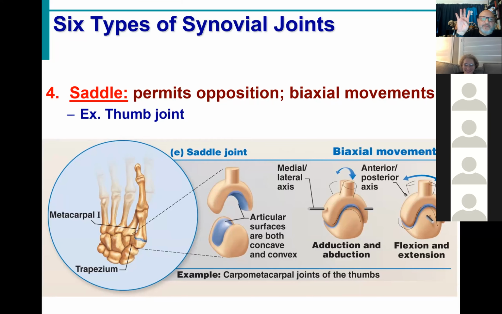An opposable thumb. The reason your thumb is opposable is because it is a saddle joint. Notice here the joint between the trapezium and the first metacarpal is a special joint. And again, this is where my drawing skills leave us. So we started with a hinge joint. We elongated it into an ellipsoidal or condyloid joint.